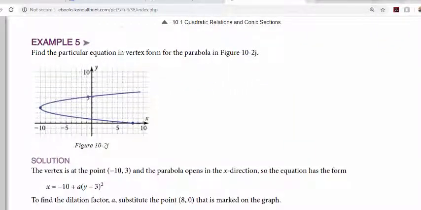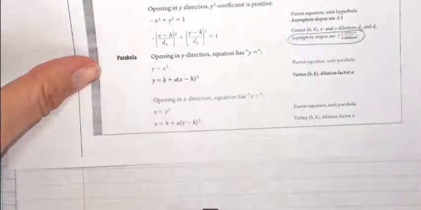So here it is. Alright, so we're going to find the particular equation in vertex form for the parabola. So once again, it's a parabola opening in the x direction. It's like a parabola on its side. Showing you my thought process here, it's a parabola opening in the x direction, so I know I'm going to use this equation.